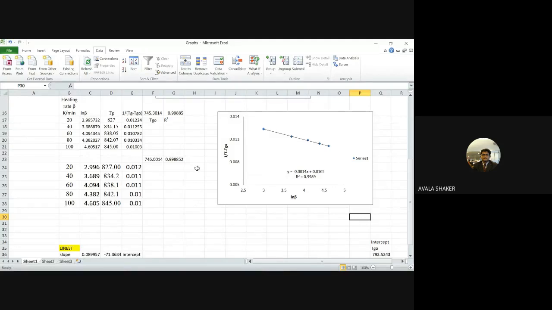Otherwise, if we didn't have what-if analysis, you'll have to keep changing this value manually and then try to figure out where you get the regression value 1. It is going to be a very, very tedious task. And you could see how many calculations it has done for you to arrive at the optimum value. Okay, so I had done this manually and I had got something like 750.